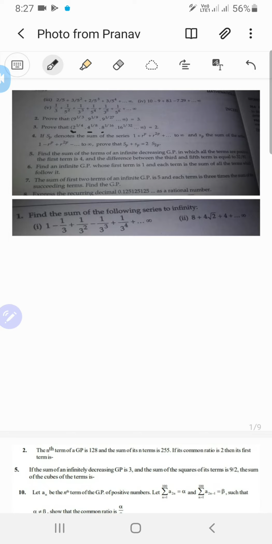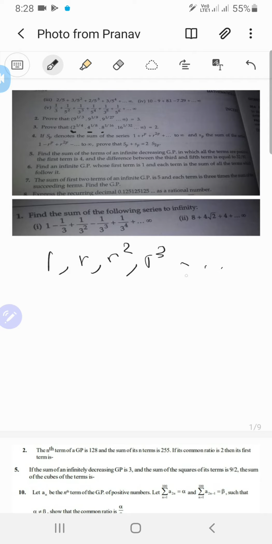Find an infinite GP whose first term is 1. Okay, so first term is 1, a equals 1, and each term is the sum of squares of the terms which follow it. Suppose that this series is going to be 1, then you multiply by some ratio r, then it's going to be r squared, then r cubed, and it keeps on going like that, right?